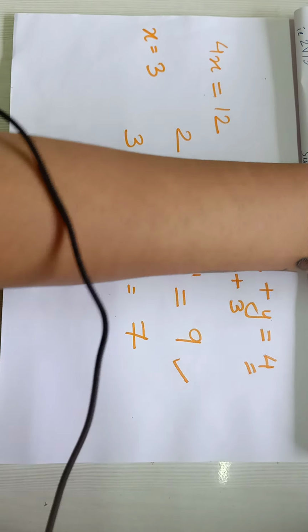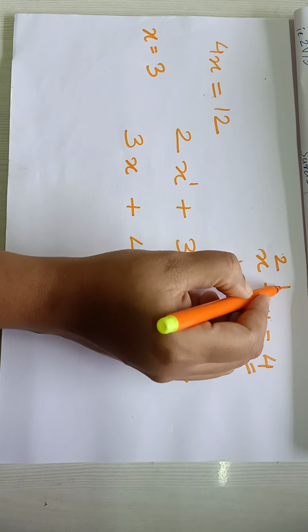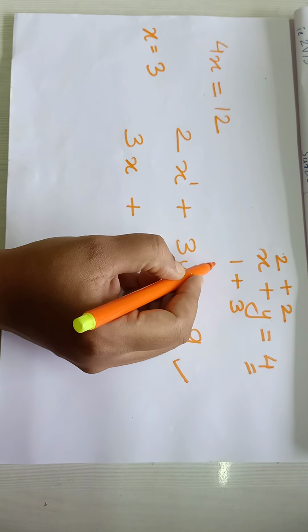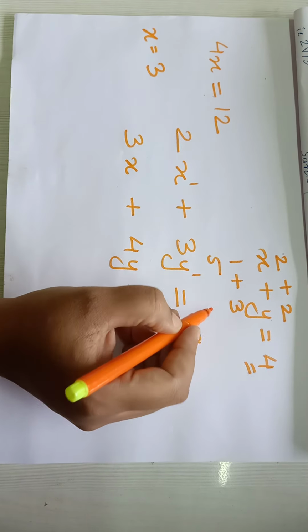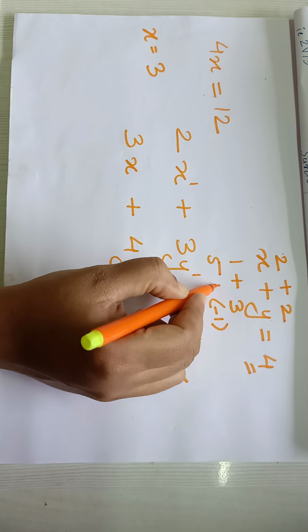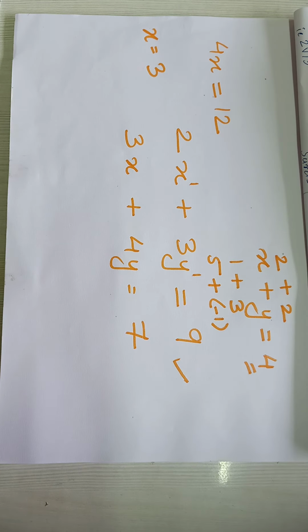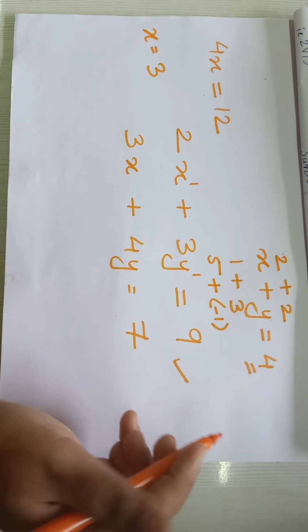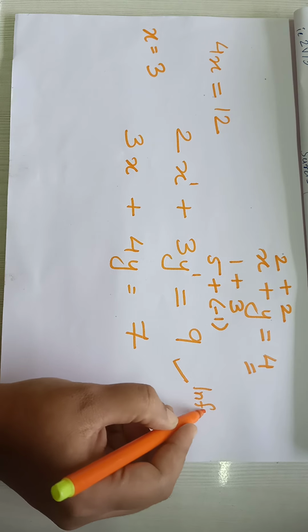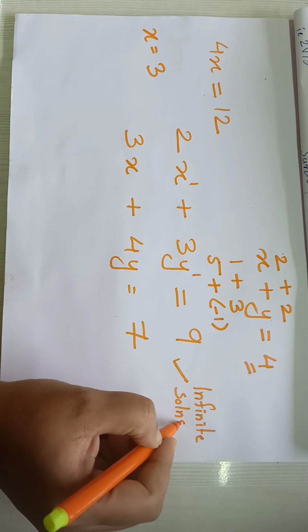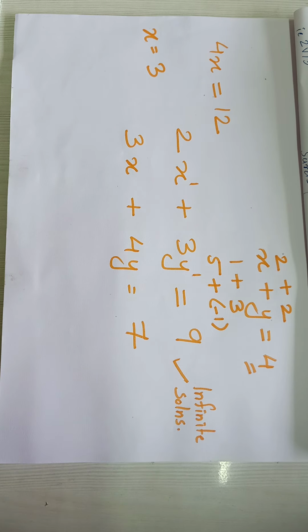If x is 2, y will have to be 2, so that 2 plus 2 we get 4. If x is 5, y will have to be minus 1, so that 5 and minus 1 will give you the answer 4. So a linear equation in two variables has infinite solutions. Many solutions. Depending on x, you can keep getting the value of y.